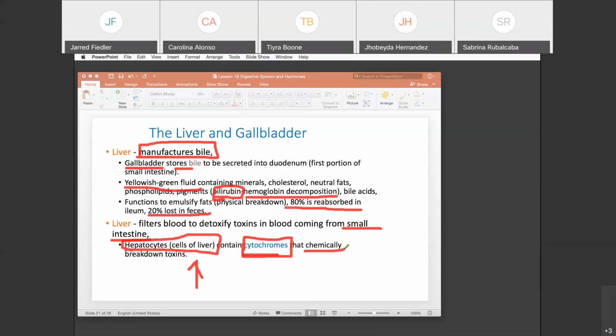So this chemical conversion from hydrogen peroxide into water is an example of a breakdown of toxin. You're basically taking a toxic compound and converting it into something that's not harmful, like water. Usually, water is a byproduct of this kind of breakdown.